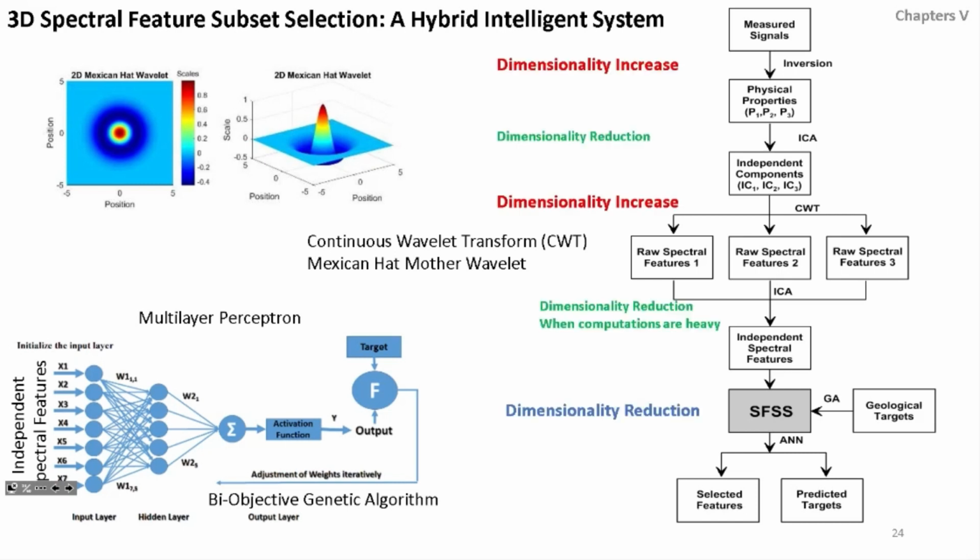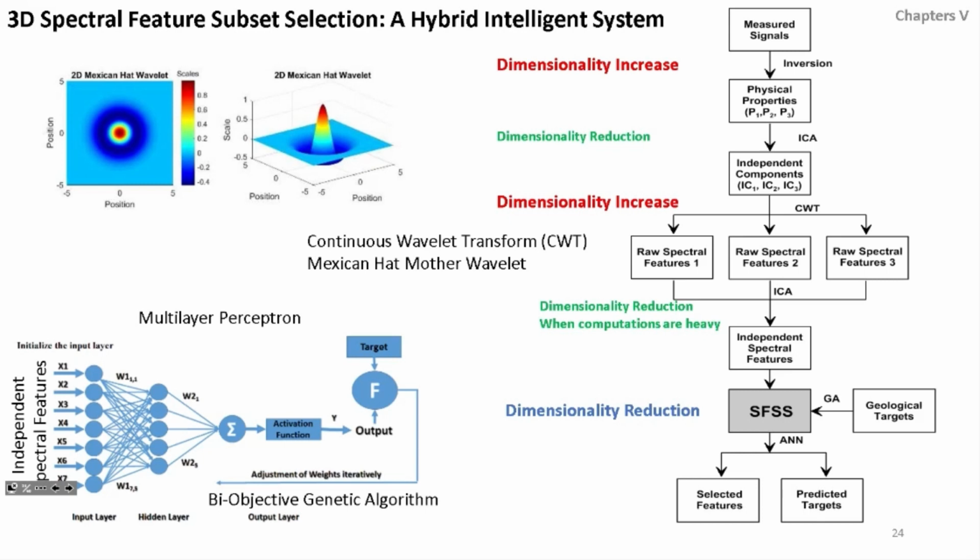As can be seen, several phases of dimensionality increase and reduction happen during the feature selection process. The whole idea is that through expansion of geophysical space, the algorithm tries to extract independent geological patterns, and then the machine learning tries to link those patterns to geological targets through feature subset selection, which is actually an intelligent dimensionality reduction.